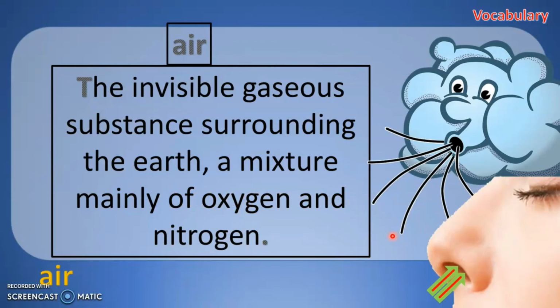Air is very important for us to breathe and to live. So it is a very important element for us to live. It is the oxygen we can breathe through our nose.